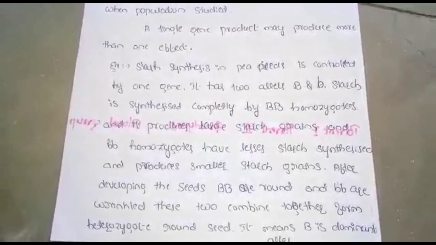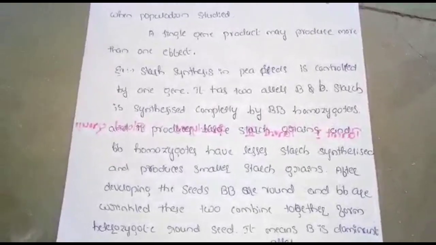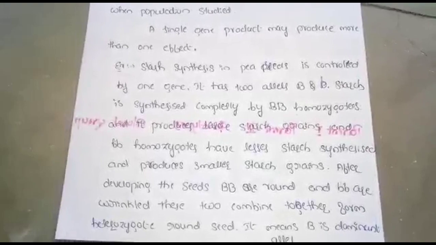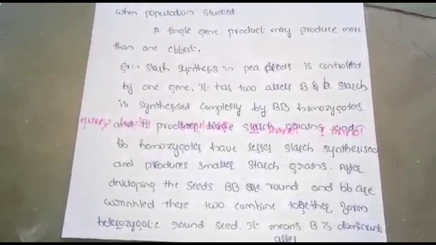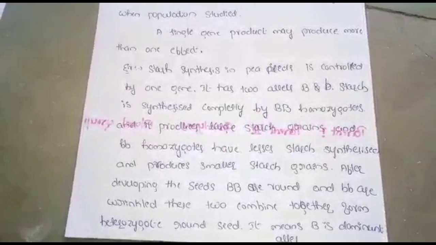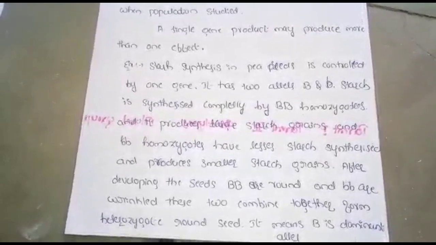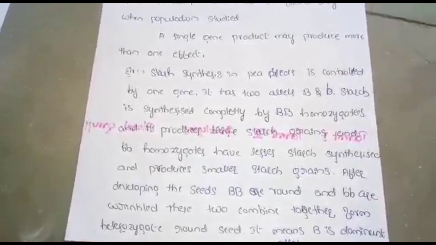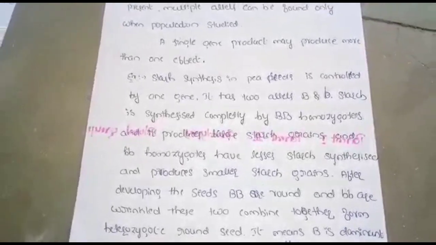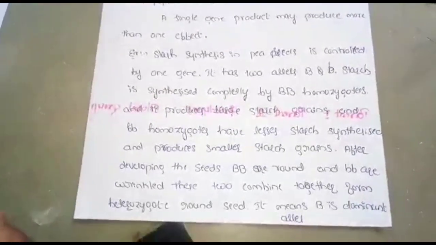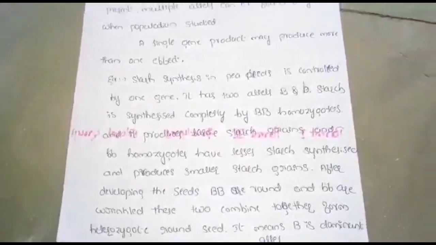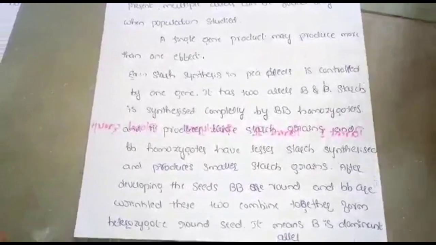After the seeds develop, capital B is round in shape and small b is wrinkled in shape. These are the 2 characters considered in this example, and they combine together to form a heterozygote, round seed.